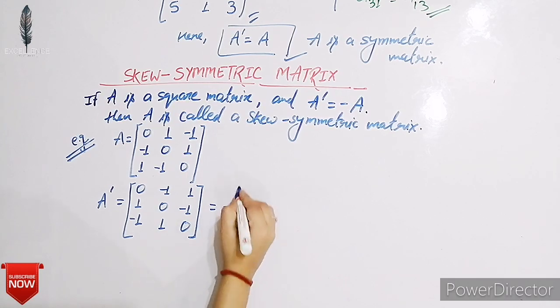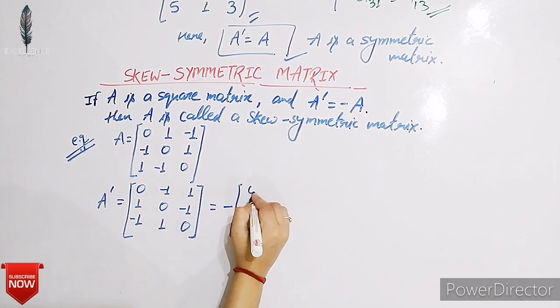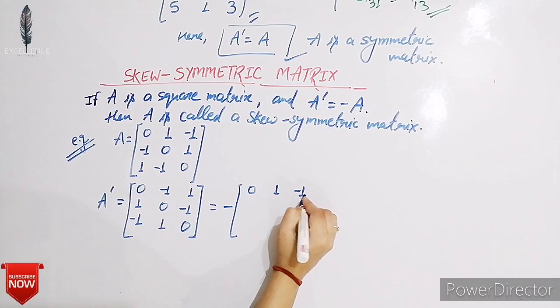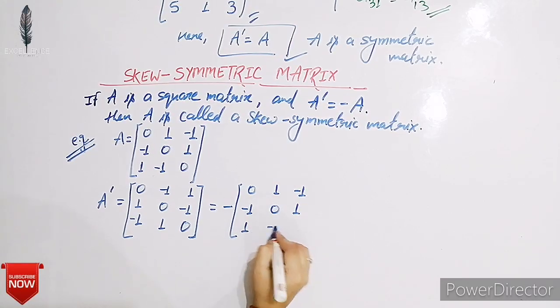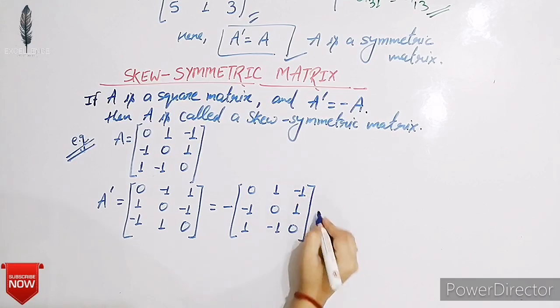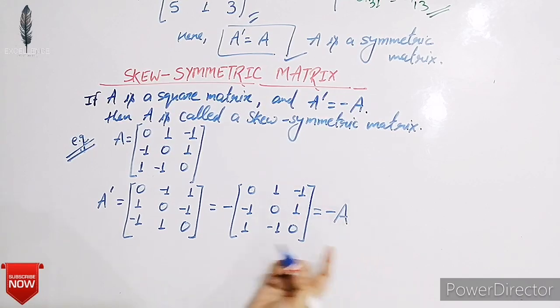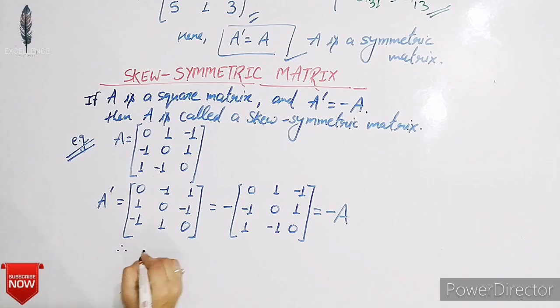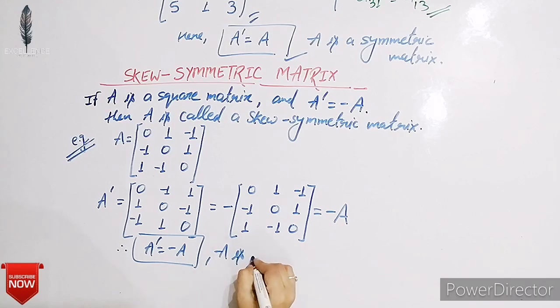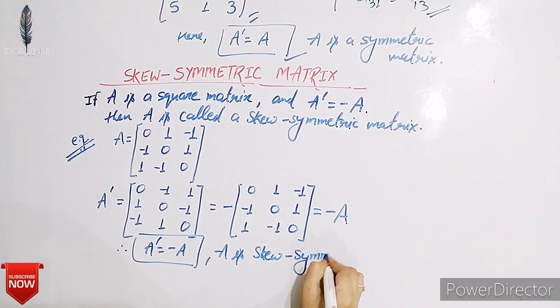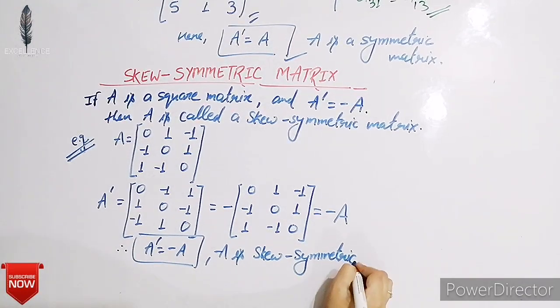Clearly we can see that it is -0, 1, -1, -1, 0, 1, 1, -1, 0. That is A. So we can write as -A. Here A dash equals to -A. Transpose of A equals to negative of A. So A is a skew symmetric matrix.